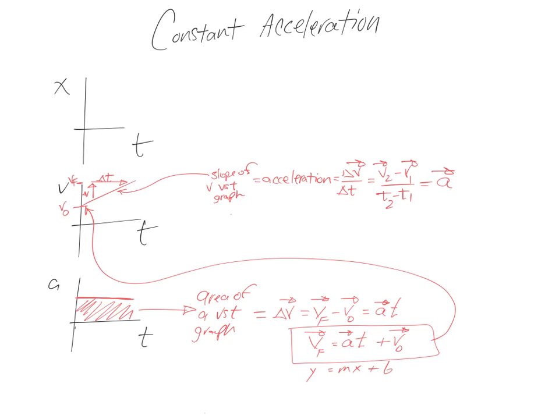And we can also, here I'm going to do this in a different color, I can find this area here, which is a triangle, plus this area here, which is a rectangle, right? So you'll recall from the last unit that the area of a velocity versus time graph is going to be displacement, right?